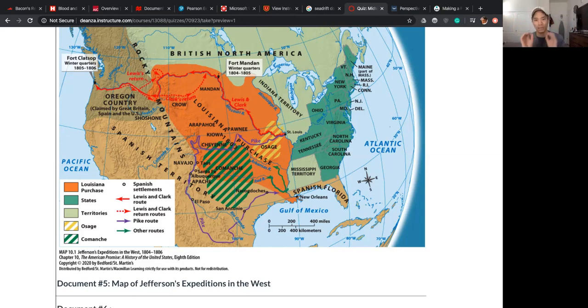Do not repeat, oh, well, document number 5, we see a map of the Louisiana Purchase. Yes, I see that, okay? But you might want to think about how you can use this map to highlight, to clarify and expand on Frederick Douglass's claim that America is a nation of inconsistency.